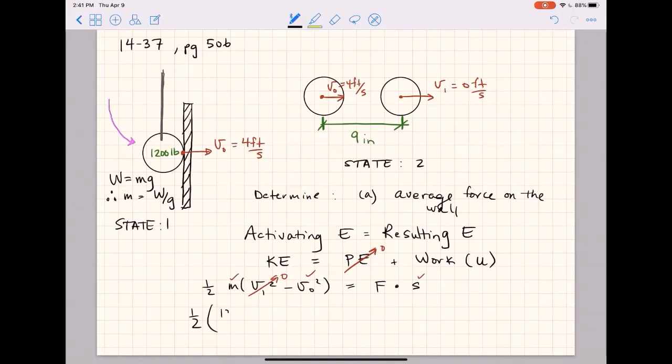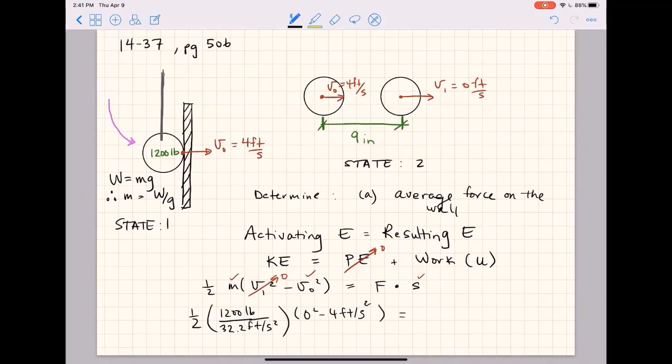We can say then that 1,200 pounds divided by, remember not 9.81, but 32.2 feet per second squared. And then we have a 0 squared minus 4 feet per second, not squared, 4 feet per second, but we're then squaring that term.